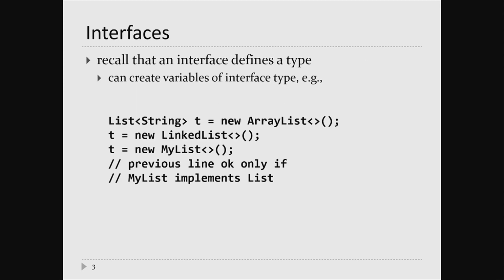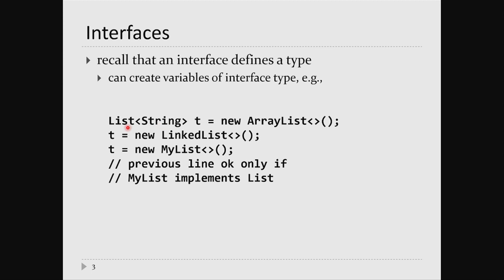Now remember that interfaces define a type in Java, right? So you can actually make a variable of an interface type, even though an interface on its own has no implementation. So for example, I can make a variable t of type list. List is not a class, it's an interface. What can I store in that variable?